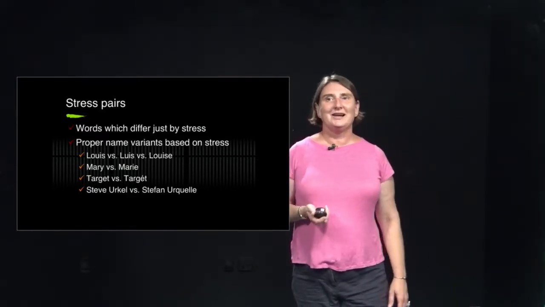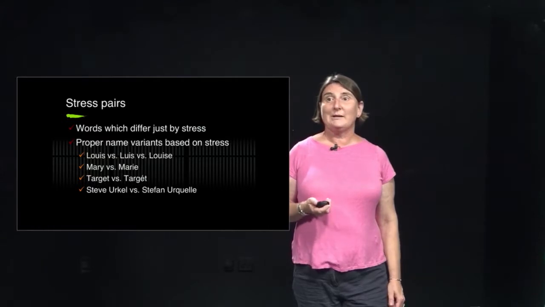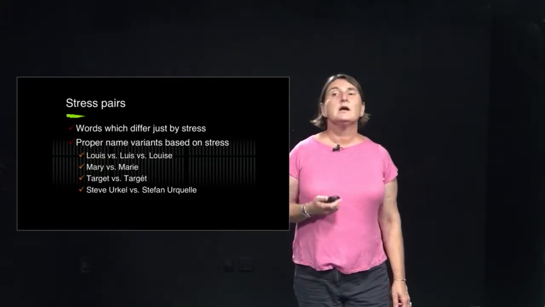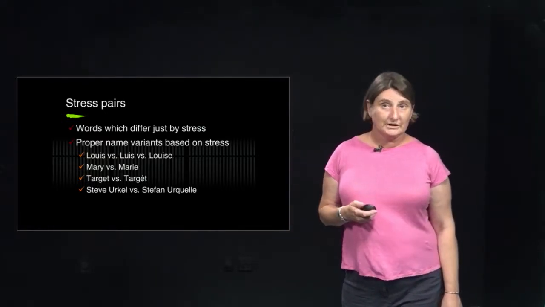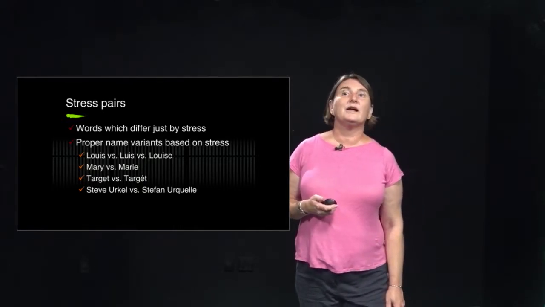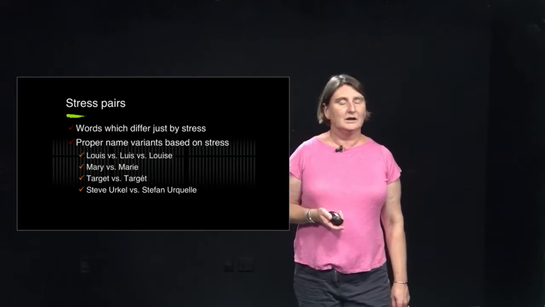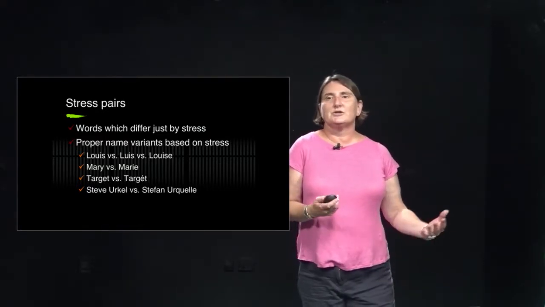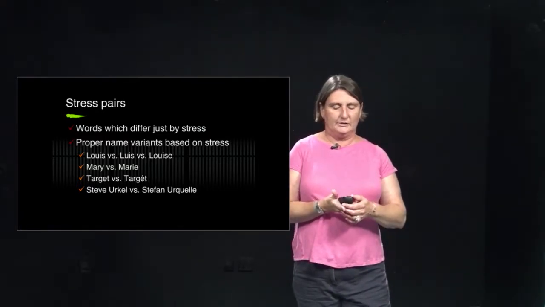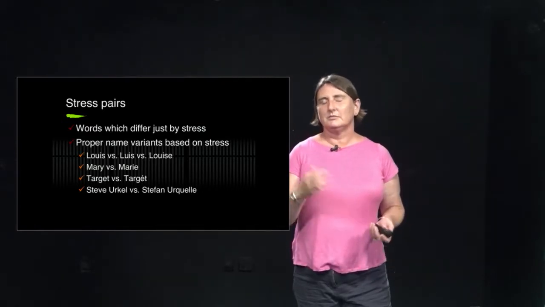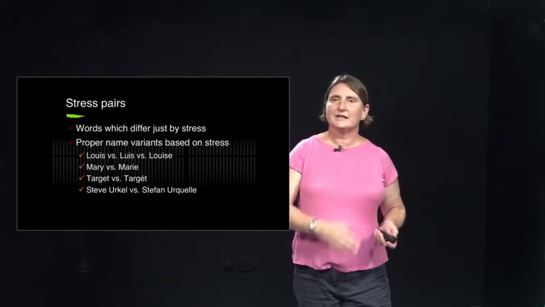So I don't know how many of you watched the program that had Steve Urkel, but if you did, you might remember the time when Urkel's cousin came, named Stefan Urkel, who was much cooler, much more suave, and it was just Steve with different clothes. And the stress shifted, so he sounded better.